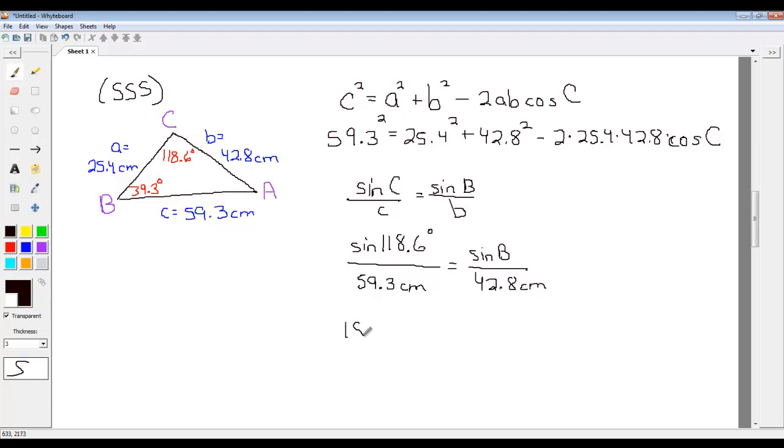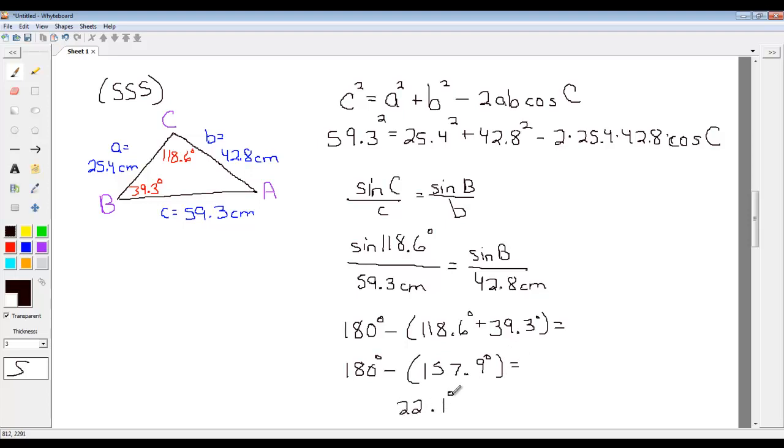Alright, and then finally, subtract from 180 the 118.6 plus the 39.3, and you get 22.1 degrees.